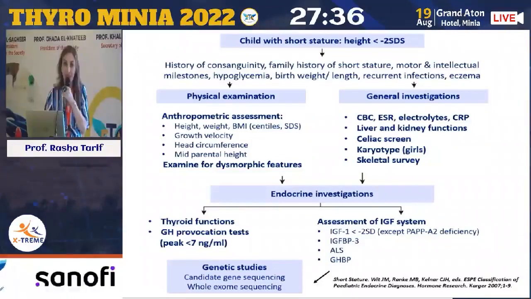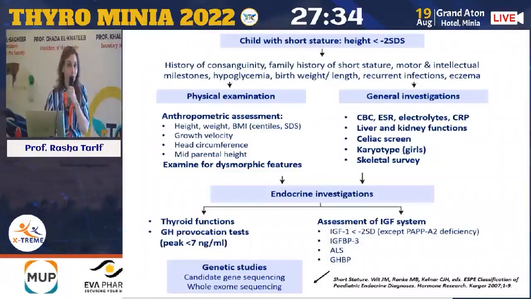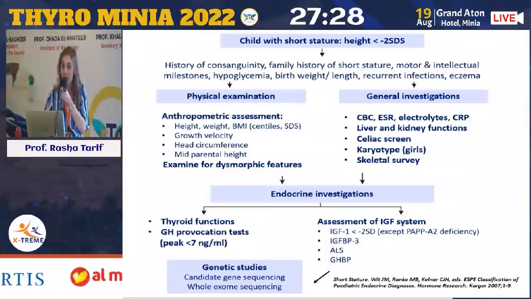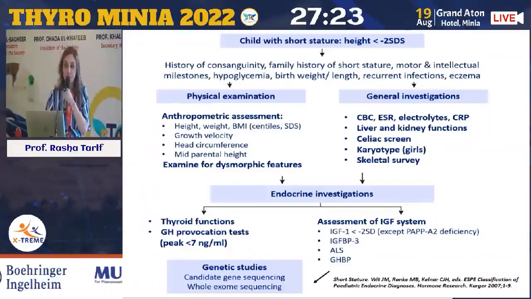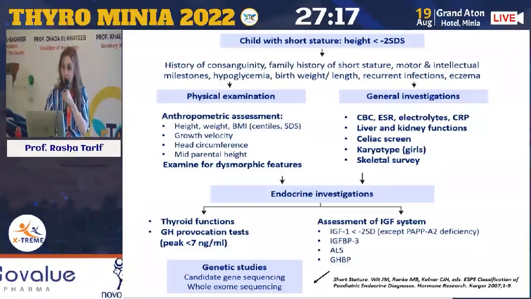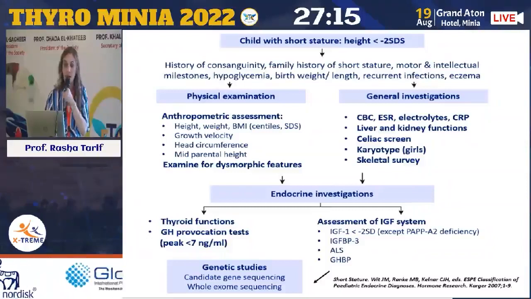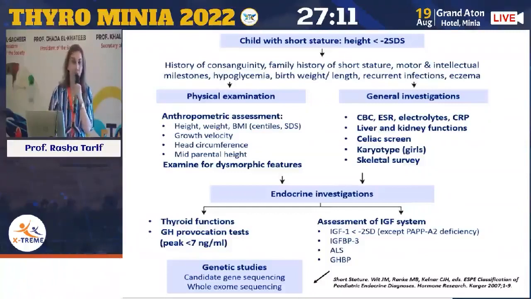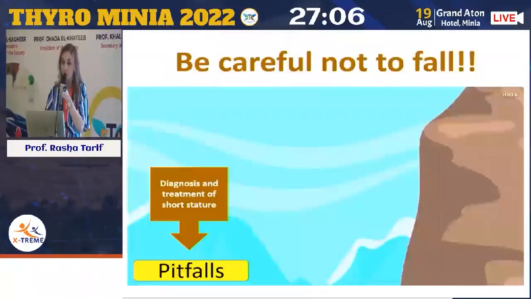When facing a child with short stature, as we all know, we start by physical examination, and then we go to anthropometric assessment, baseline investigations, thyroid profile, growth hormone stimulation test, and we need 2 growth hormone tests to diagnose growth hormone deficiency, IGF-1, and the final step is genetic studies and whole exome sequencing to reach the final diagnosis of short stature.